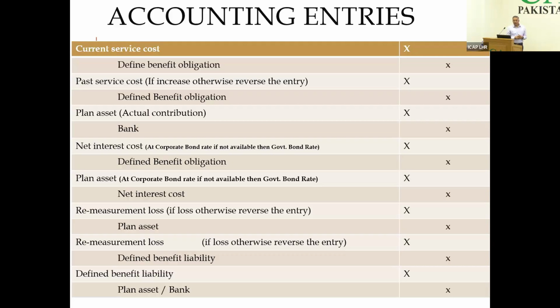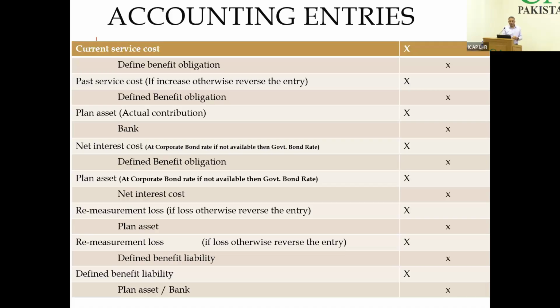And then if there is a remeasurement, as I already said, there's a difference between expected return and actual return. If the difference is a gain, then this will be your accounting entry. If the difference is a loss, then there will be a reverse entry.